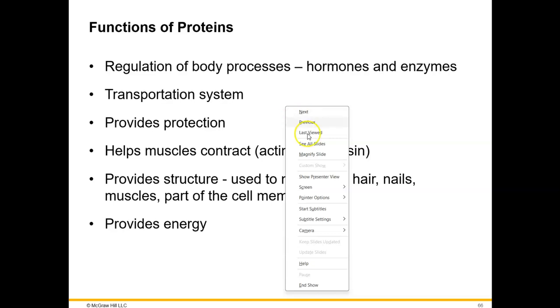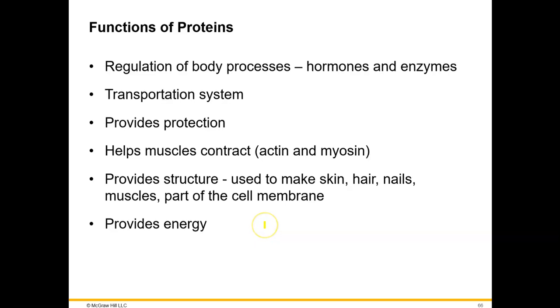Then, as far as the functions of proteins, it's easiest just to say that proteins have a lot of different functions. Some proteins are hormones, some are enzymes, and so those hormones and enzymes function in regulating processes.